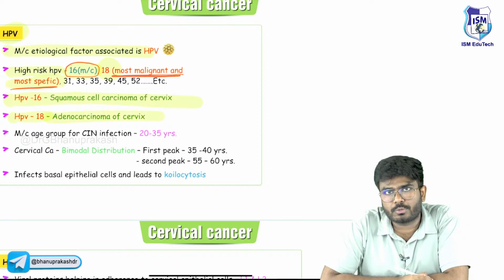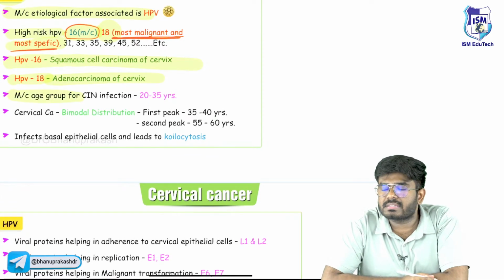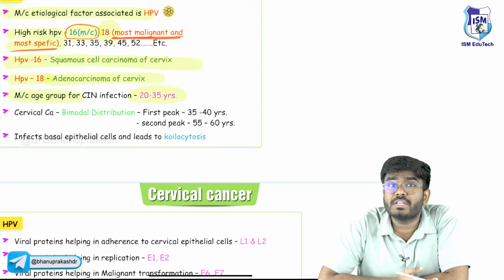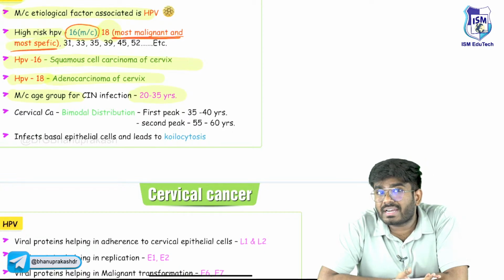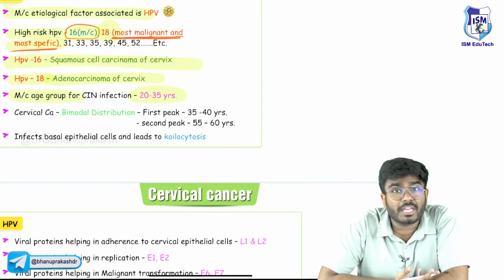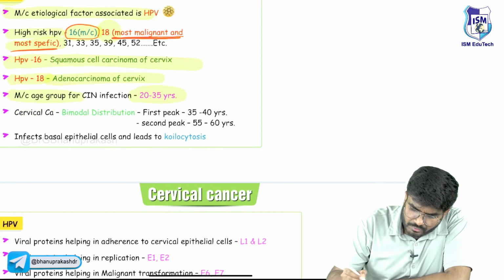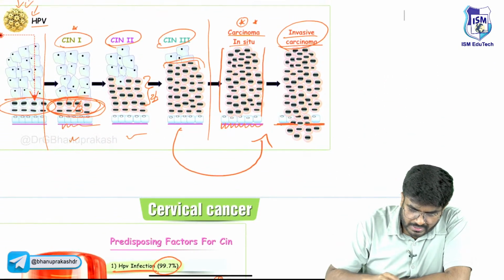Now, what is the most common age group for getting CIN and cervical cancer? The most common age group is the reproductive age group: more chance of promiscuity, more chance of sexually transmitted diseases, more chance of HPV infection, more chance of CIN and more chance of cervical cancer. HPV mainly affects which cells?